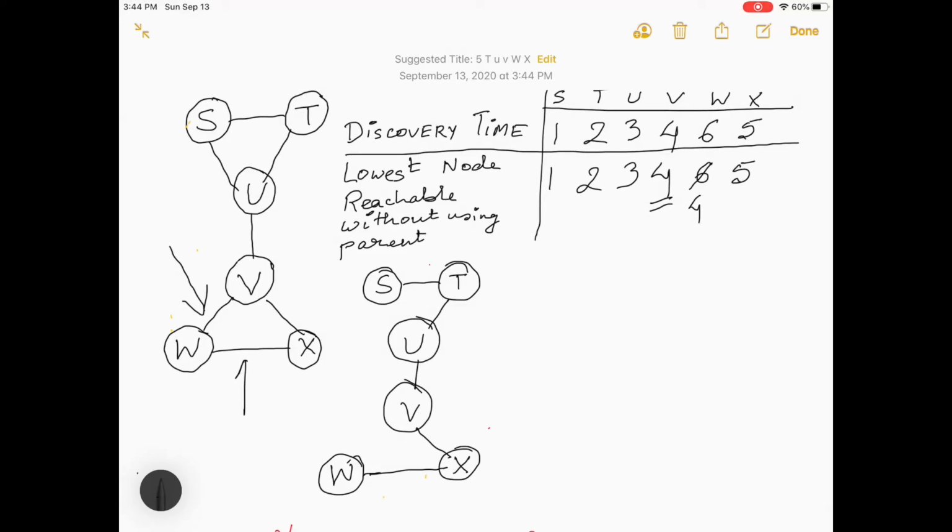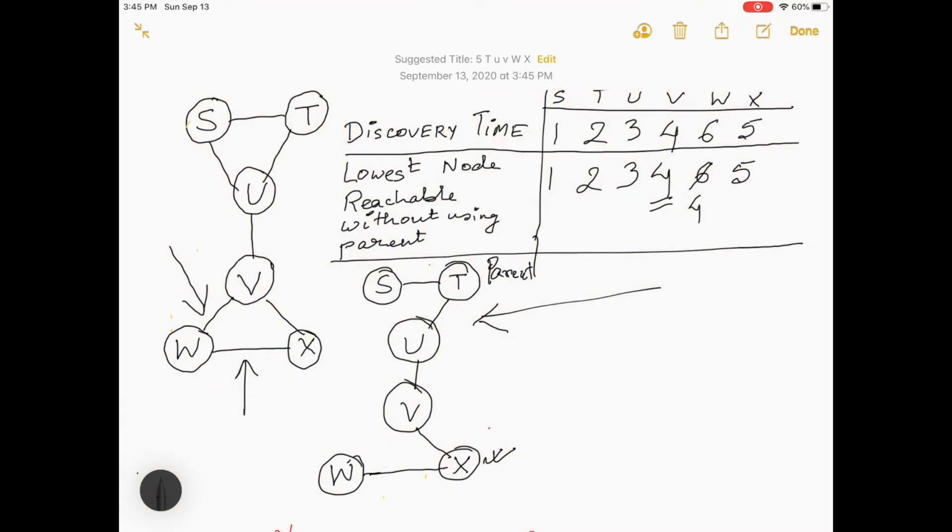And then the other adjacent edge is the edge between W and X. So the adjacent vertex is X, but we see from the DFS spanning tree that X happens to be the parent of W. So here we can keep one more row called parent.